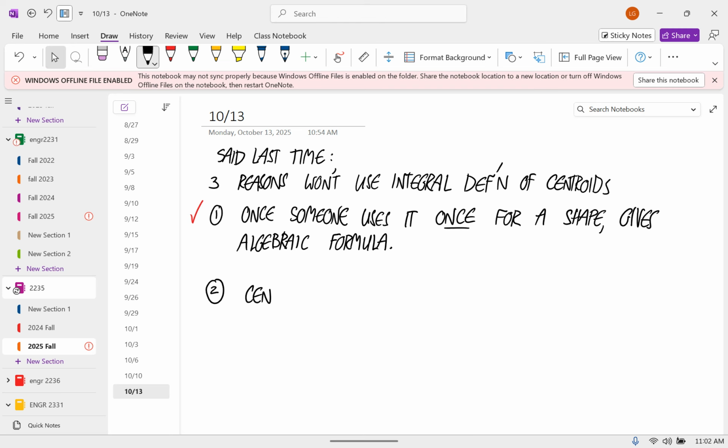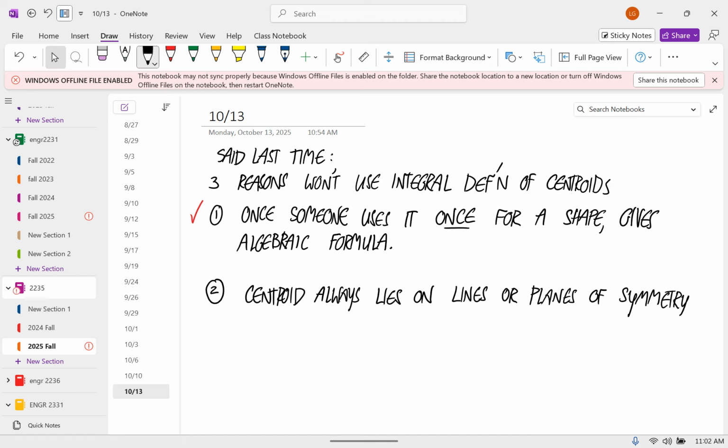The centroid always lies on any lines or planes of symmetry you can find. By lines of symmetry, we're thinking of 2D shapes, and planes, we're thinking of 3D.